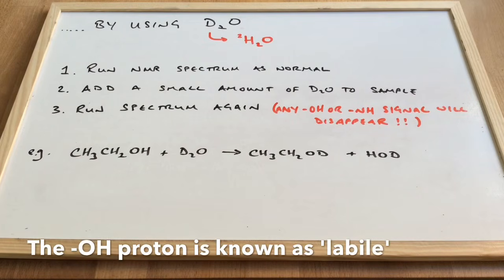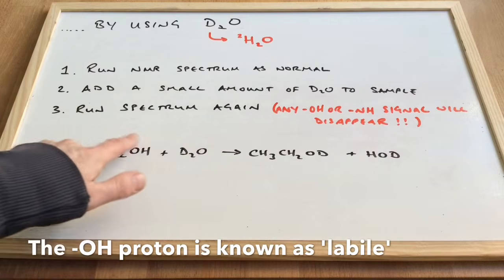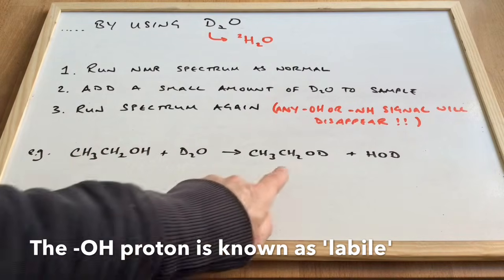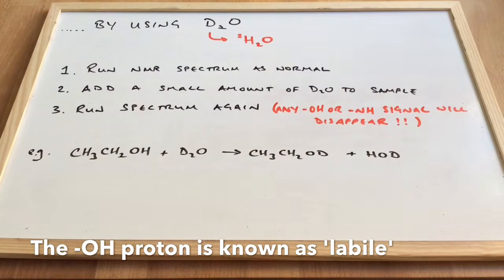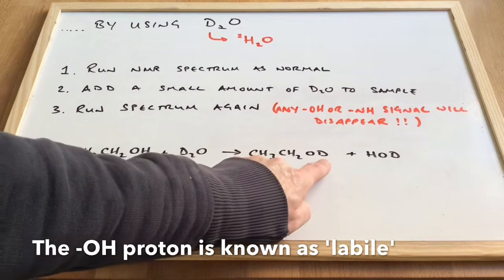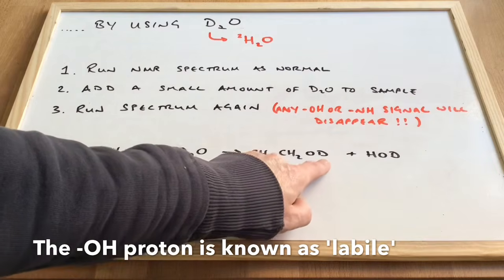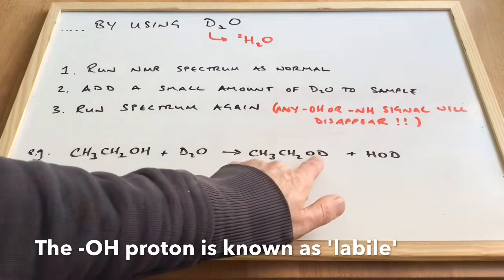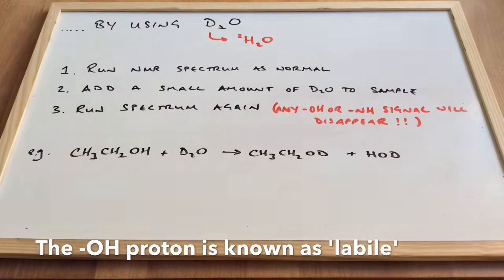And so instead of this being present in the sample, when you rerun the spectrum, you've got this here. You'll notice that we've now got a deuterium which doesn't have any spin, and so the signal due to this group here will disappear.